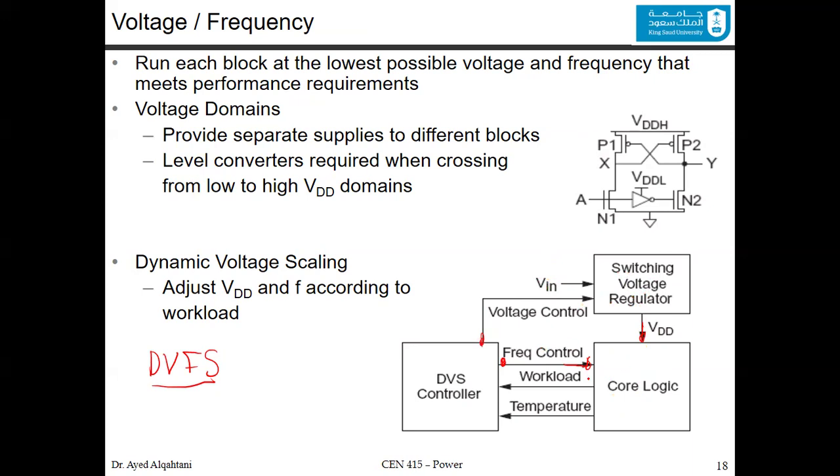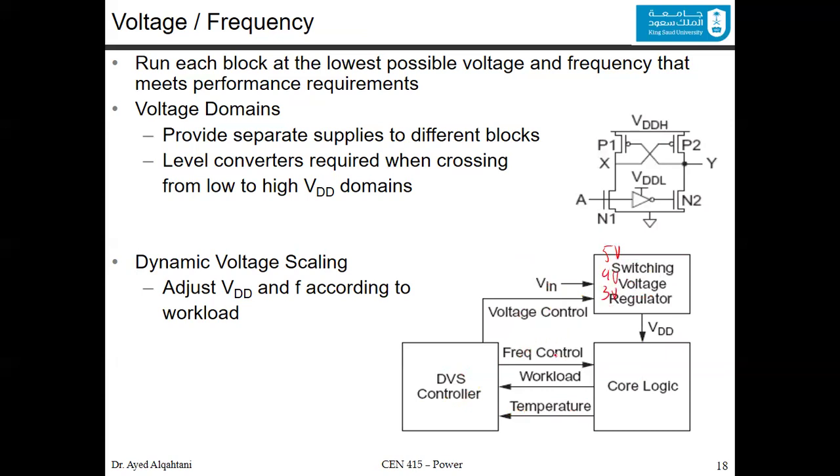Let's have an example so you understand what's going on. Let's say this core logic is heated up really badly, so now the temperature is very high. The DVS controller will decide to give you the lowest possible frequency and the lowest possible voltage. Let's say that in the switching voltage regulator, we have 3 levels: 5 volts, which is the maximum, 4 volts, and 3 volts.